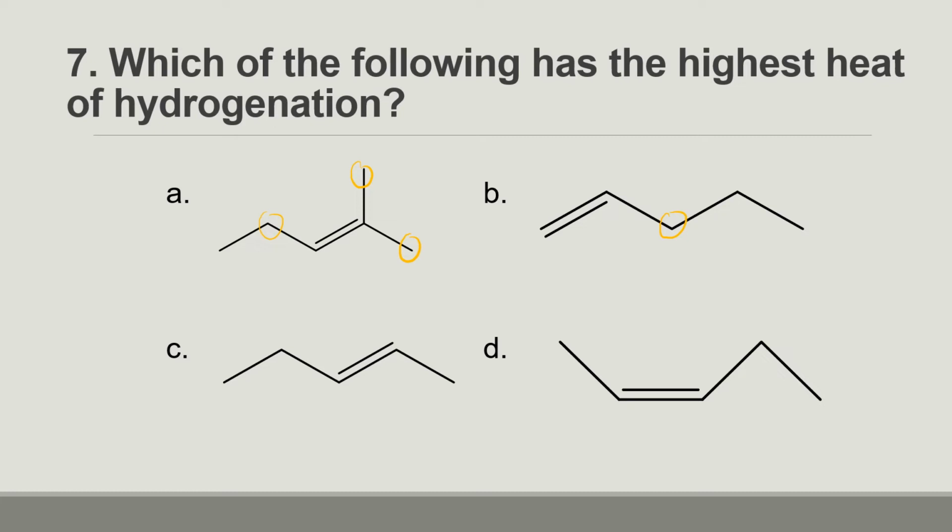C has 1, 2, and D has also 1 and 2. So looking at this, sabi natin kanina na yung may nakakonting substituent, sila yung may mataas na heat of hydrogenation. Therefore, the correct answer for this question is B. This will have the highest heat of hydrogenation.